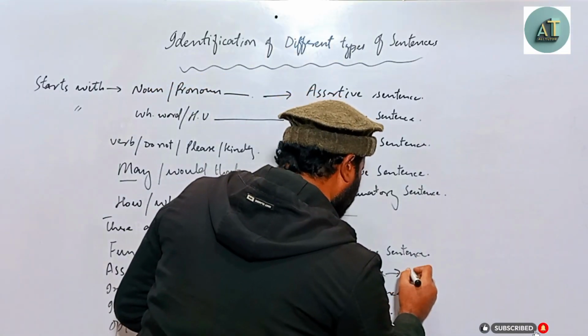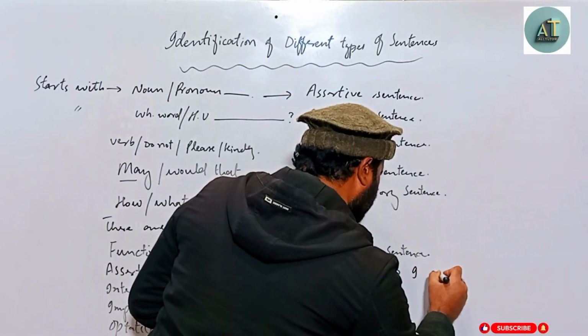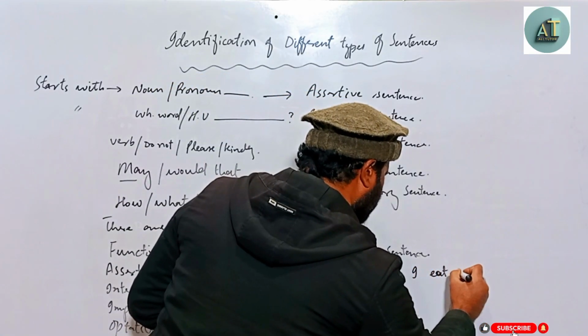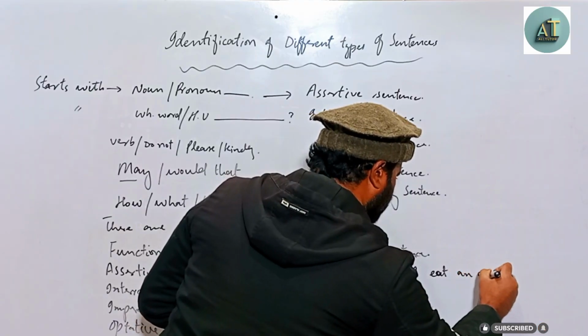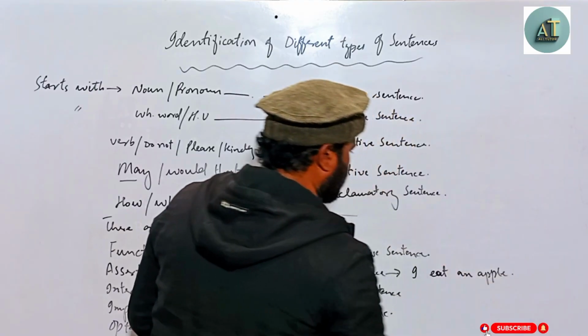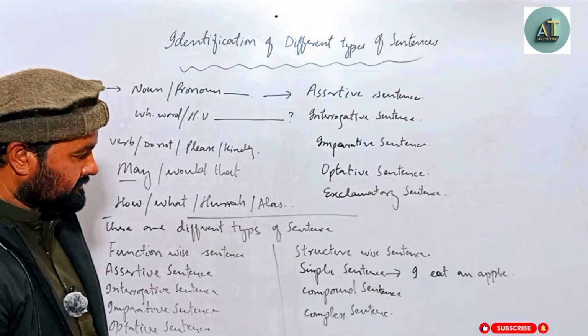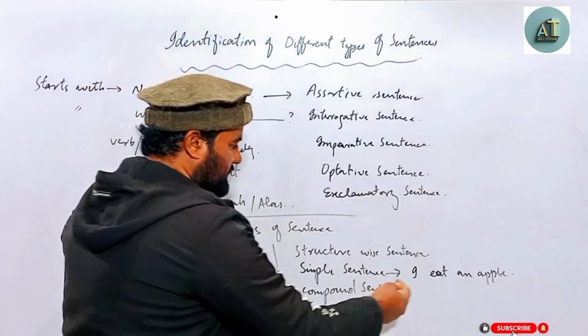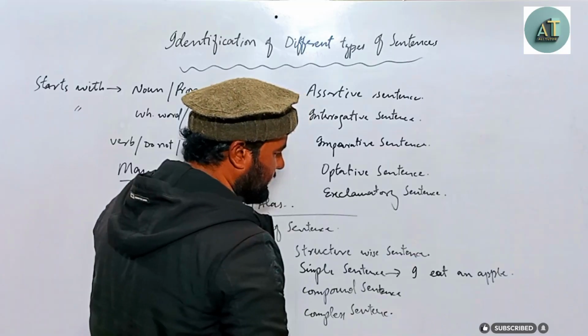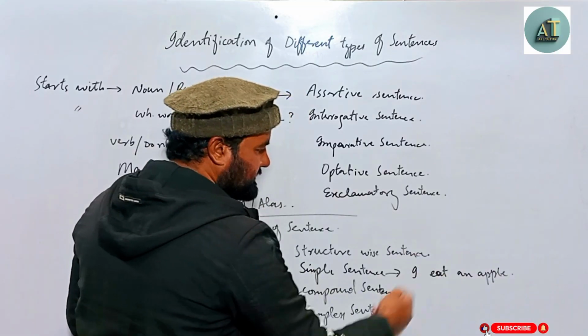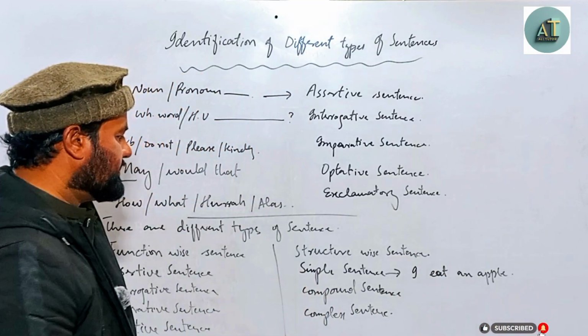For example, I eat an apple. This is an example of a simple sentence. This sentence has only a single main verb and a single thought.